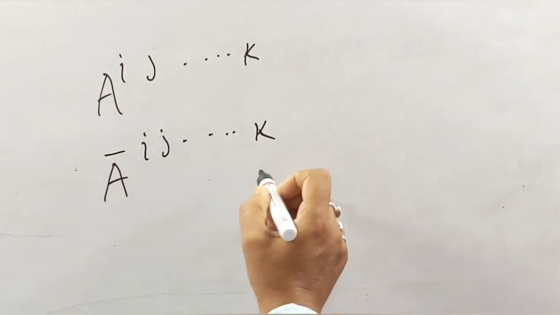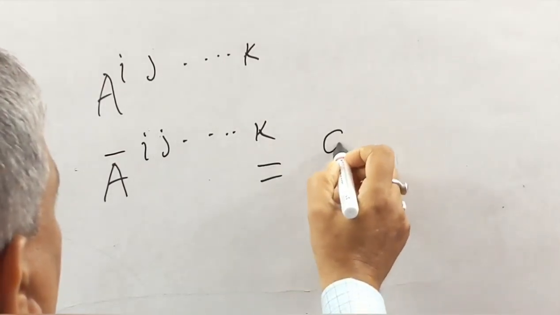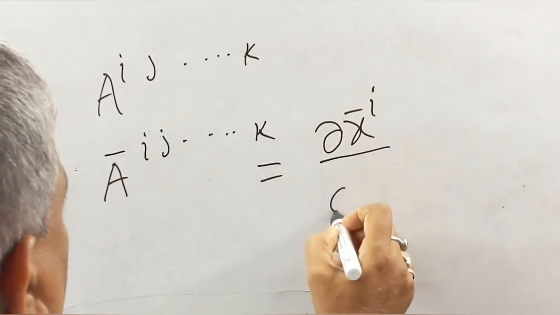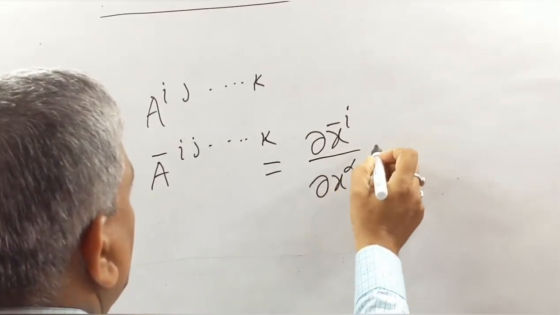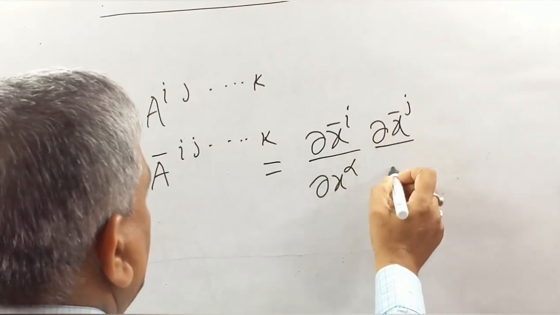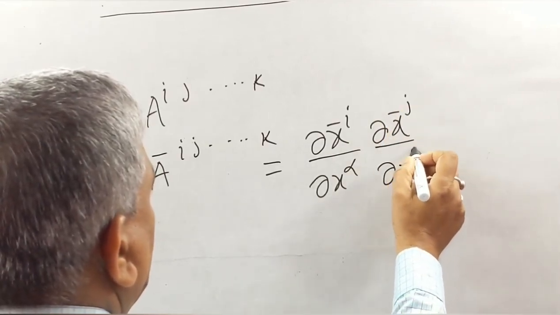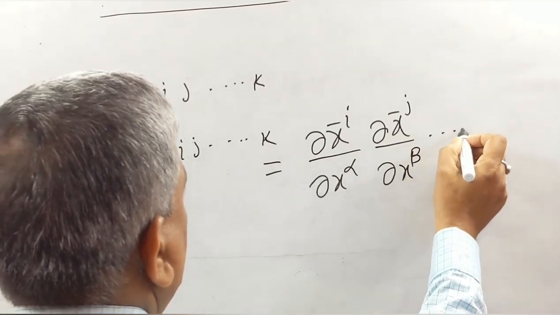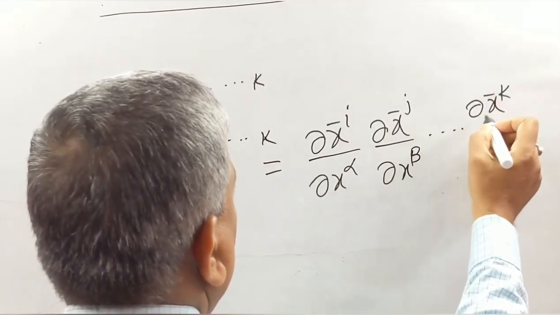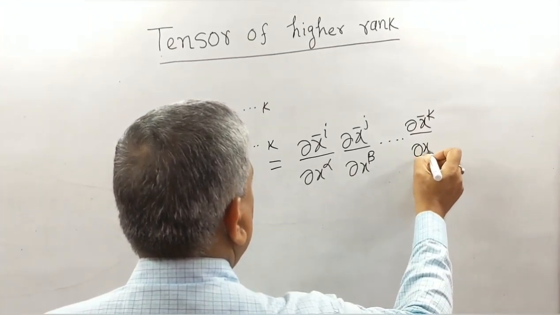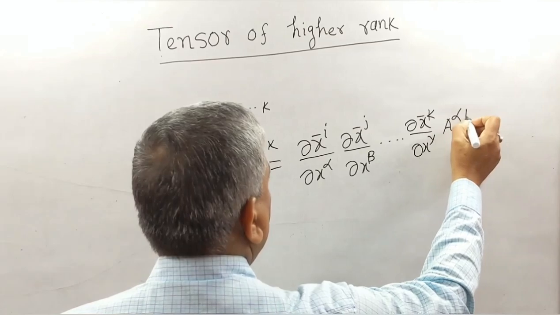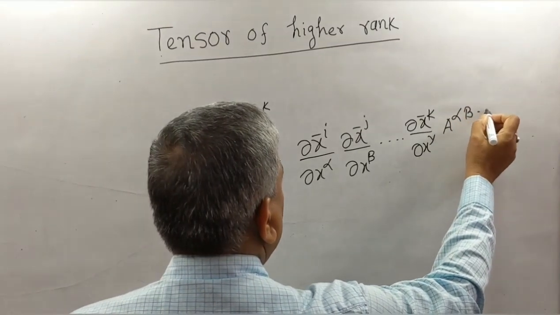According to the tensor law of transformation, del x bar i by del x alpha, del x bar j by del x beta, dot dot dot, del x bar k by del x gamma, A alpha beta dot dot dot gamma.